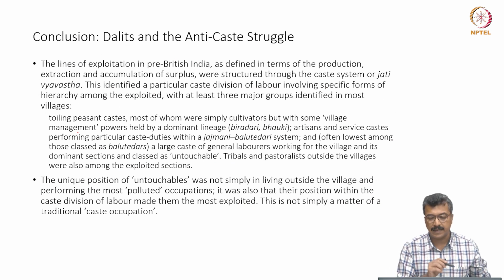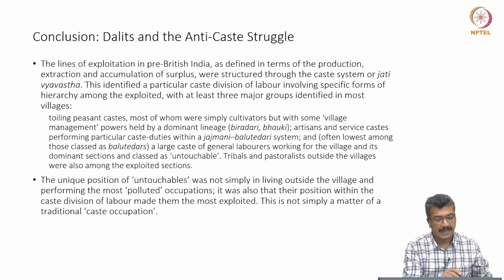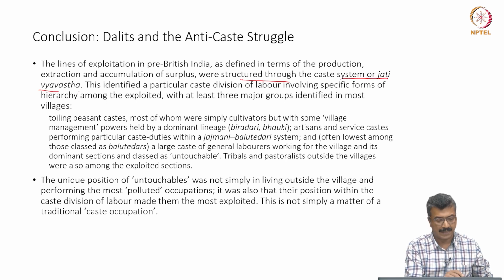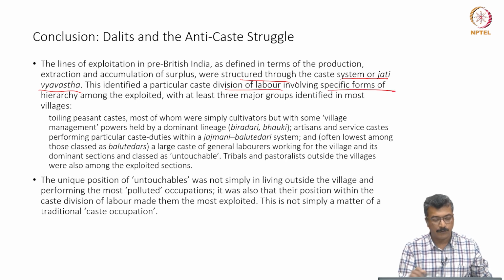Conclusion: Dalits and the anti-caste struggle. The lines of exploitation in pre-British India, as defined in terms of the production, extraction, and accumulation of surplus, were structured through the caste system or Jati Vyavastha. This identified a particular caste division of labor involving specific forms of hierarchy among the exploited, with at least three major groups identified in most villages.